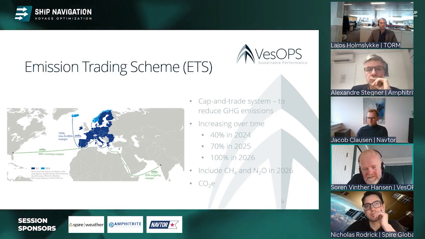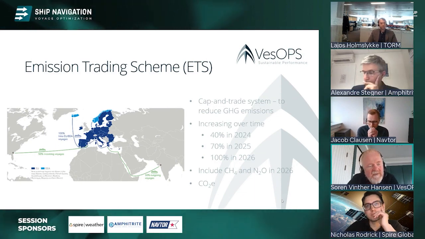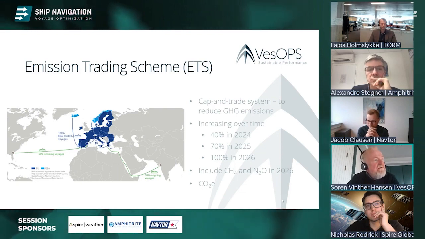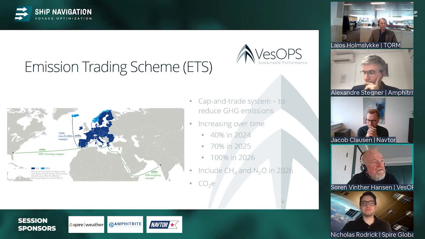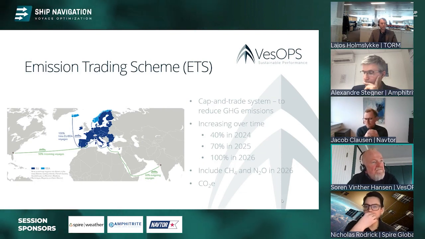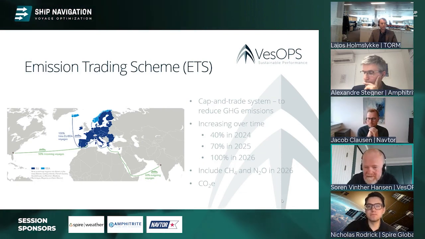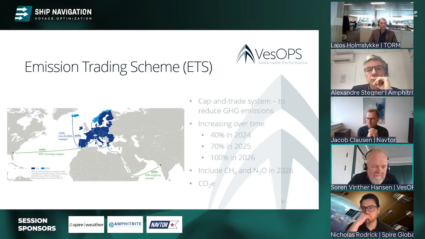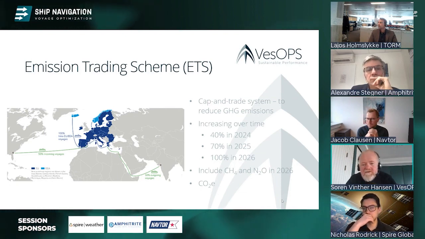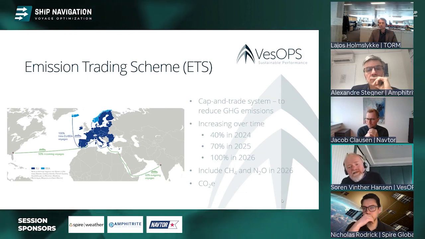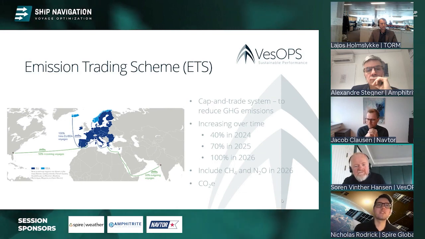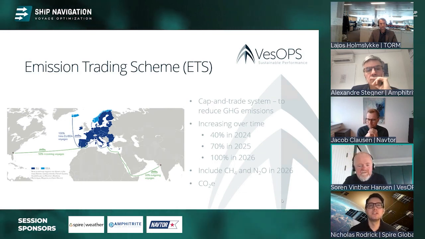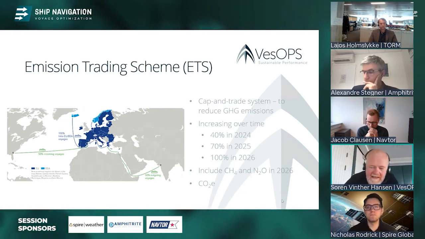That means you'll have to buy some carbon credits, and to buy carbon credits you should look at what your CO2 emissions are. Both methane and NOx will also be included in 2026 on the propulsion side, so you have to recalculate that into CO2.